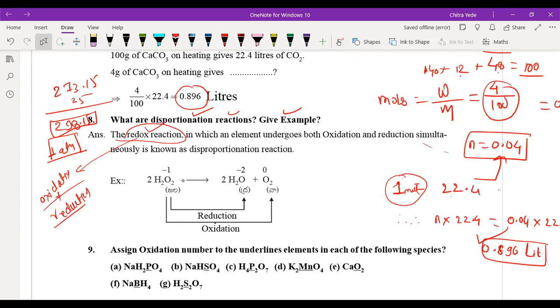A redox reaction in which an element undergoes both oxidation and reduction simultaneously is known as a disproportionation reaction. Okay, everyone?